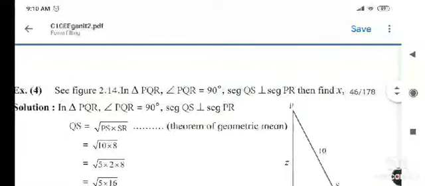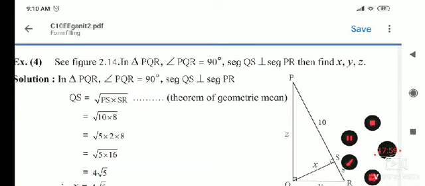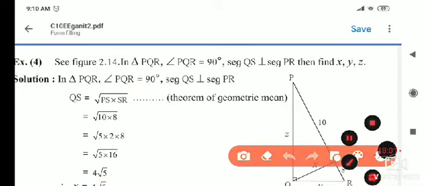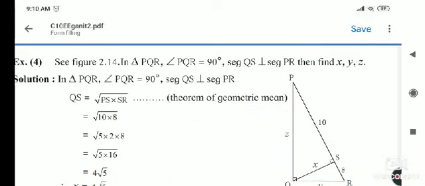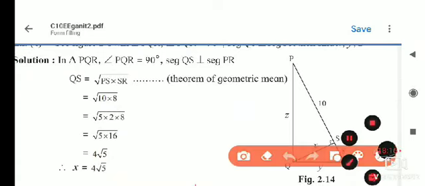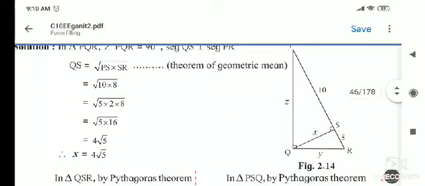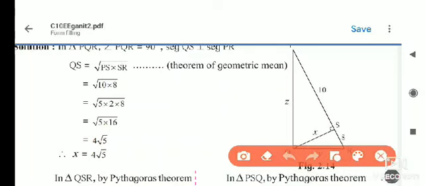So once you see an altitude drawn on the hypotenuse, most of the time we have to use the geometric mean theorem. We have to find out the values of X, Y, Z. In this figure, the measure of the altitude is X and the remaining two sides of the triangle are Z and Y.